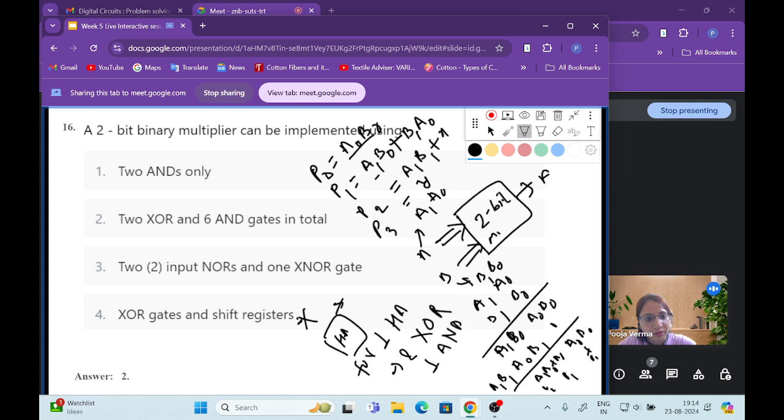So for 2 half adders we require 2 XOR gates and 2 AND gates, and the other 4 AND gates. So a total of 2 XOR gates and 6 AND gates are required to implement a 2-bit binary multiplier. Okay.